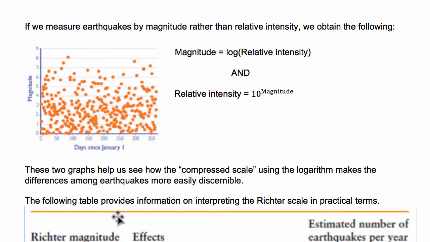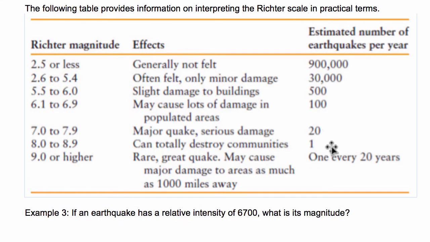The following table provides information on interpreting the Richter scale in practical terms. Notice the vast majority of earthquakes have a Richter magnitude of 2.5 or less. That is a relative intensity of 10 to the 2.5 or less, which is about 316 or less.